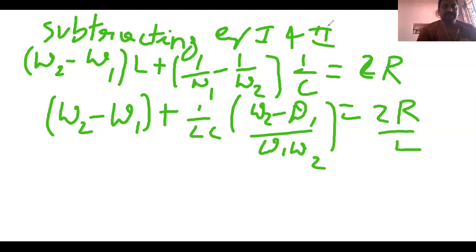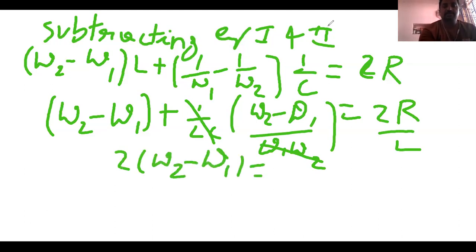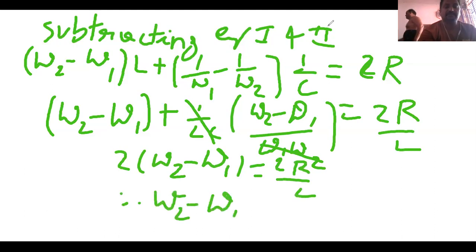Therefore finally we get ω1 ω2 = 1/LC, so this gets cancelled. Therefore 2(ω2 − ω1) = 2R/L, so ω2 − ω1 = R/L.